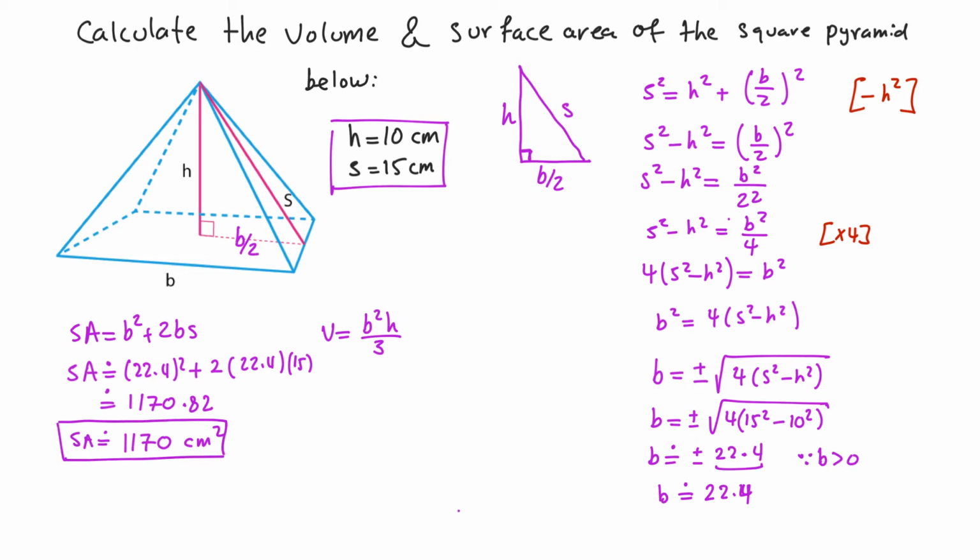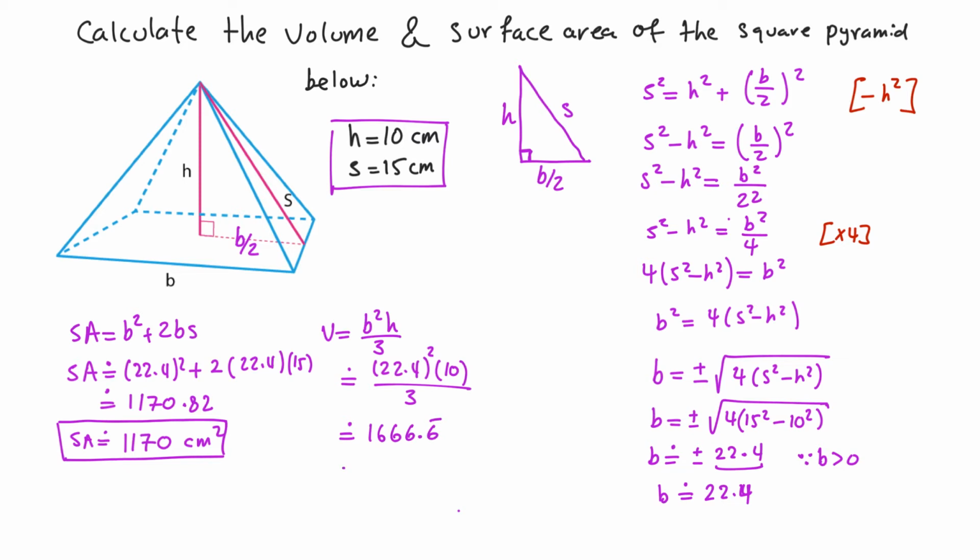Now, to find the volume, I will do the same thing, plug in my values: 22.4, H value is 10, and I'm dividing it all by 3, and I forgot the square here. Once I plug this into my calculator and I use the exact value that I obtained into the b value here, I should get my final answer as 1666.6, all repeated.